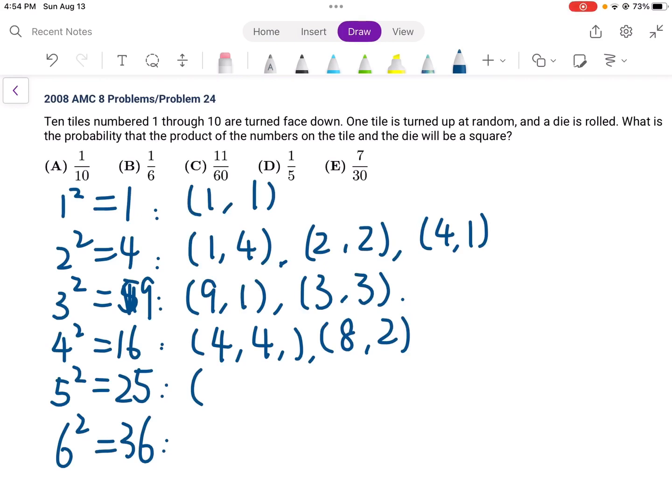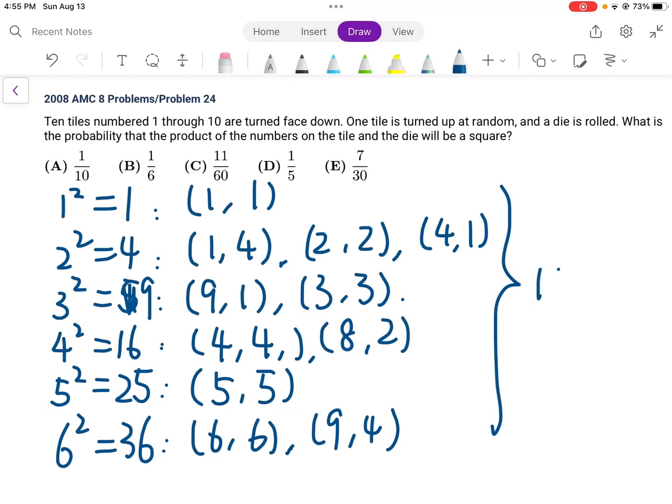For 25, we can have 5 and 5. And for 36, we can have 6 and 6, or 9 and 4. We add all these choices up and they add up to 11 choices. The total number of combinations should be 10 multiplied by the 6 choices for the die, that is 60 choices in total. Therefore, it should be 11 out of 60. The answer is C.